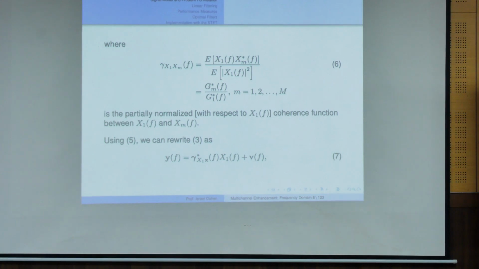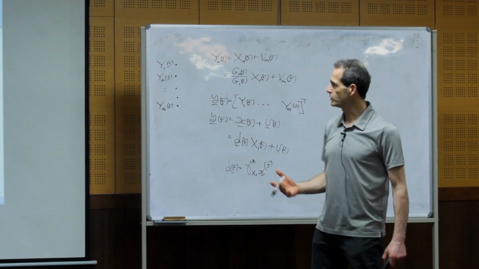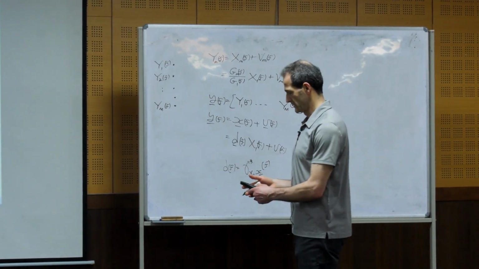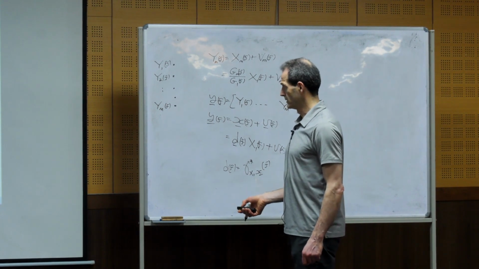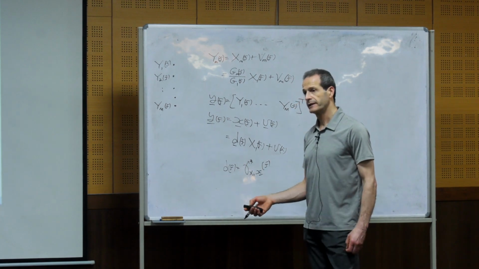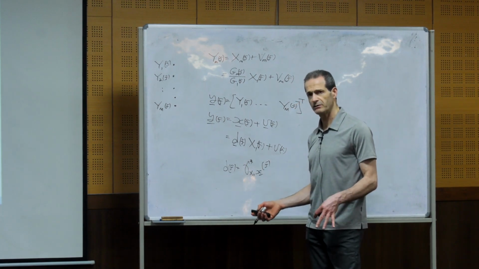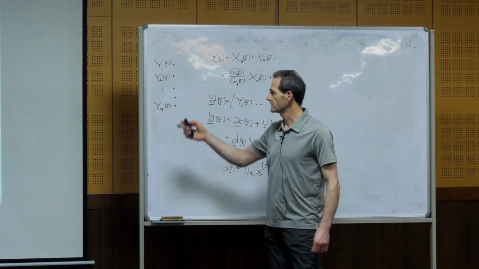Suppose that we measure in the sensor array, we have measurements of the correlations between x1 and x. It's called the coherence function, or partially normalized coherence function, which we can measure or estimate, either from noisy measurements or even better from clean measurements using the sensor array.